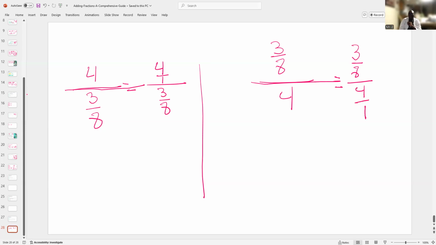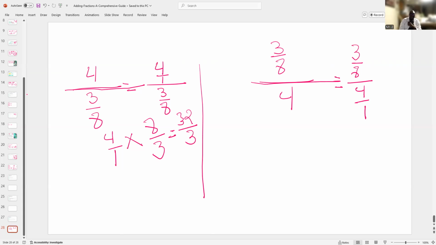Now I got fraction divided by fraction. So I'm going to keep the first fraction, multiply, flip the second one, which will become 8 over 3. So 4 times 8 gives you 32. 32 divided by 3. It's an improper fraction.